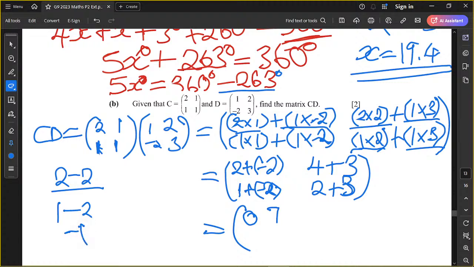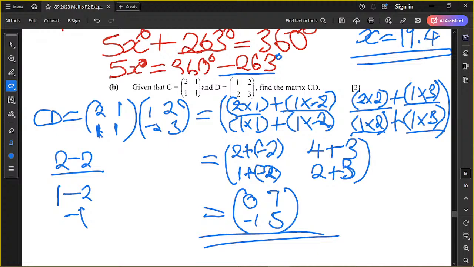So down here we are going to have negative 1. Then 2 plus 3 will give us 5. So that is the final matrix, which is 0, 7, negative 1, 5. So when we multiply matrix C by matrix D, we'll get 0, 7, negative 1, 5.